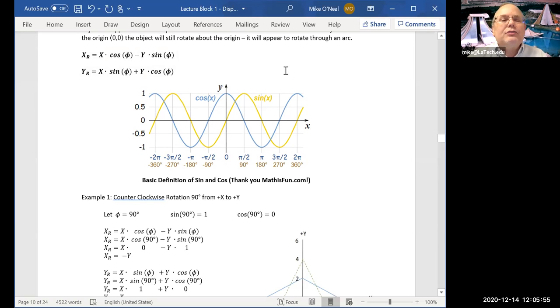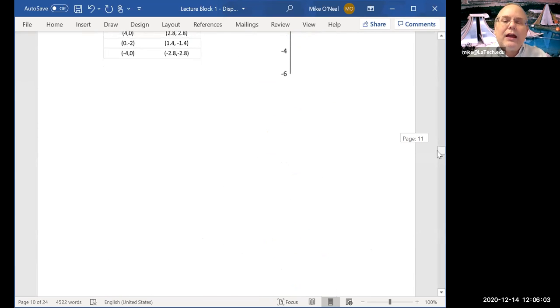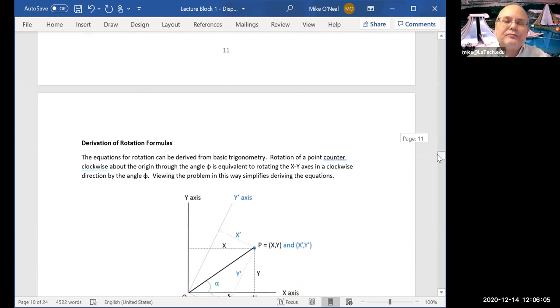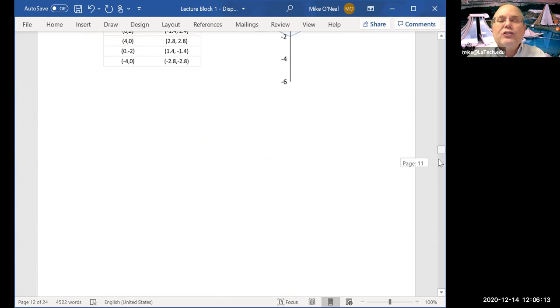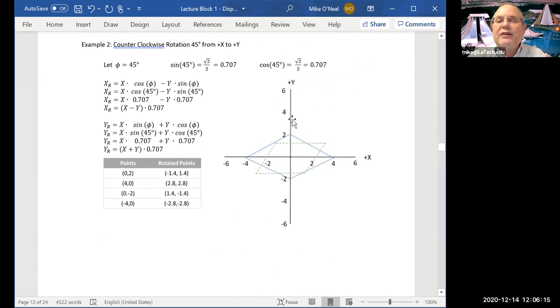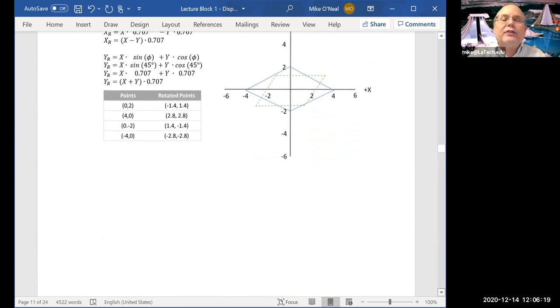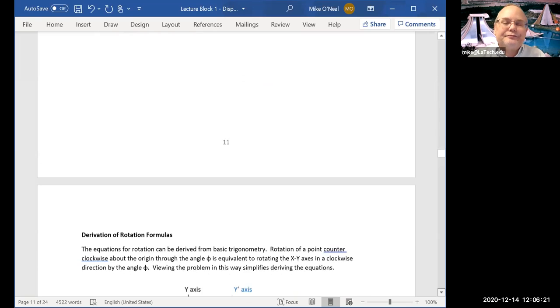So I wanted us to go back to the definition of sine and cosine, both in its wave form and in its triangular form. And I wanted us to first know that the equations work by looking at a couple of examples. And then I wanted us to answer, okay, where did these equations come from?